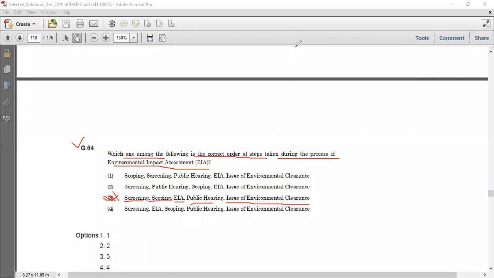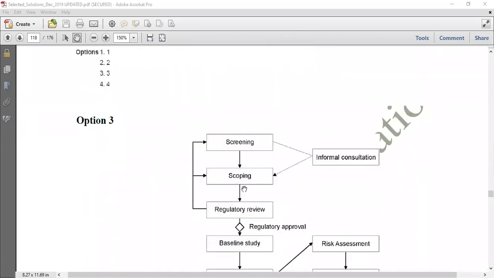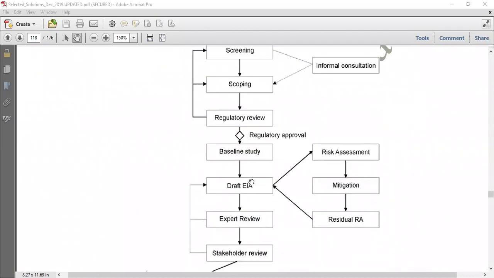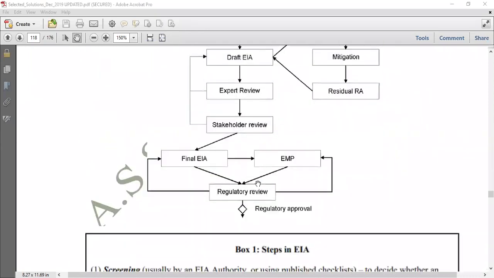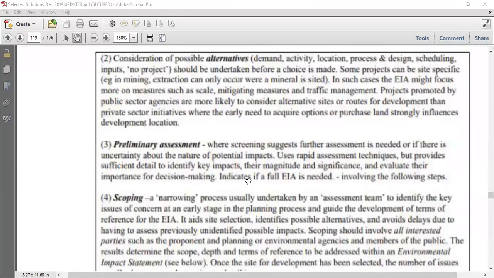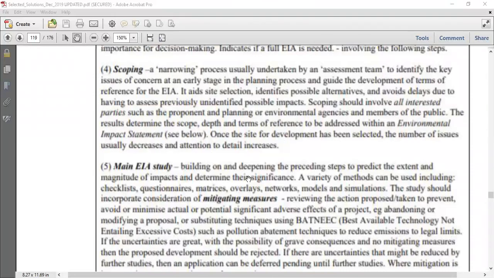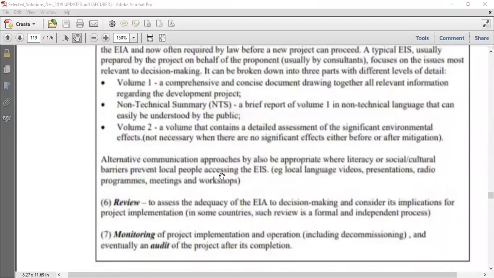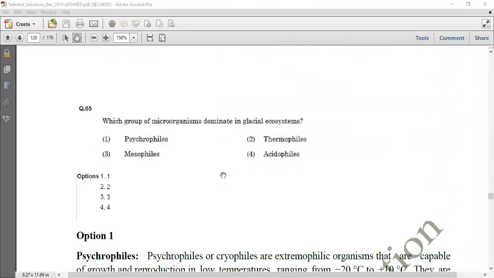We can see the flow chart also. So you can see here: screening, scoping, then all the steps in EIA have been given: screening, then scoping, then EIA, then public hearing, etc. Right?